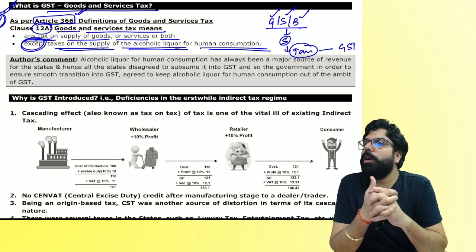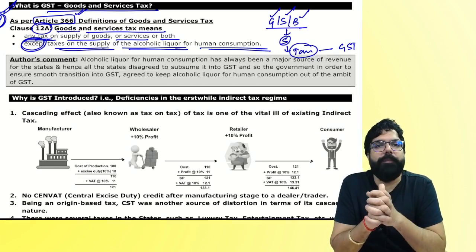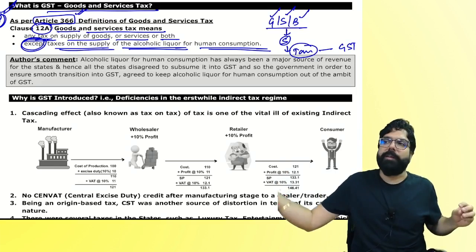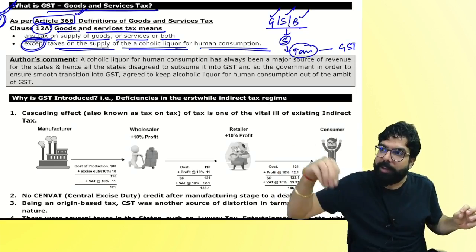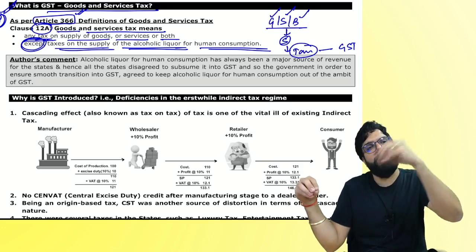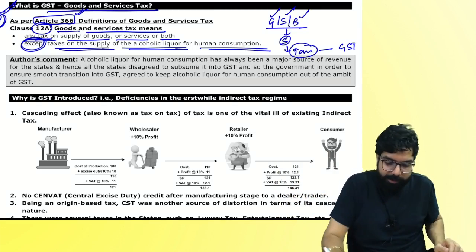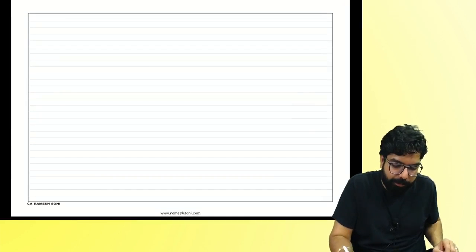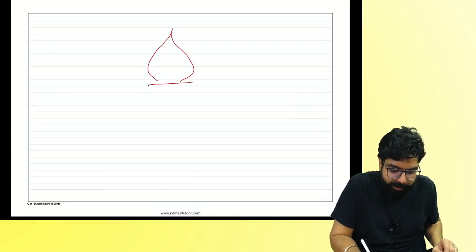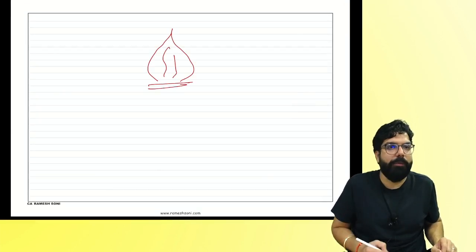See, when GST came in, state governments gave up their taxes like VAT, CST, etc. Central government gave up central excise duty, service tax, etc. All of them did swaha like this. For example, they burned one fire. Central government and state government burned one fire.